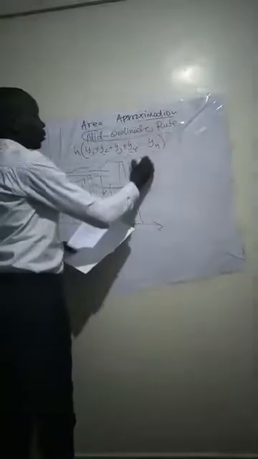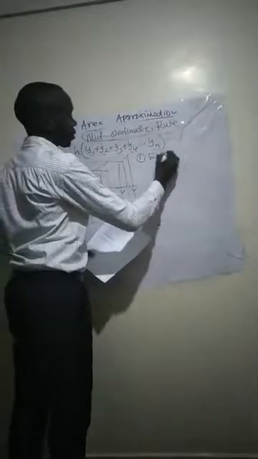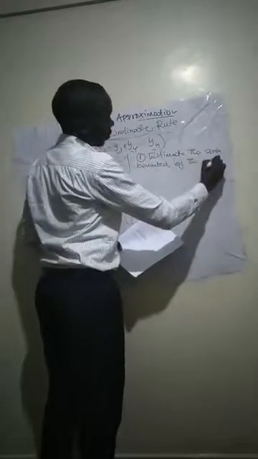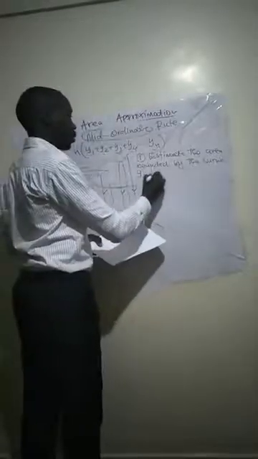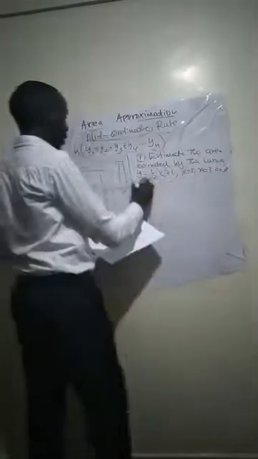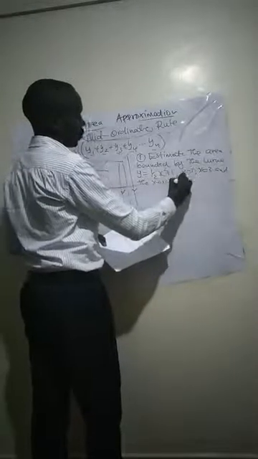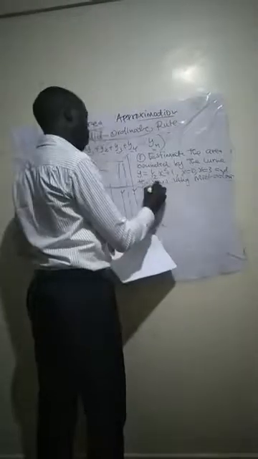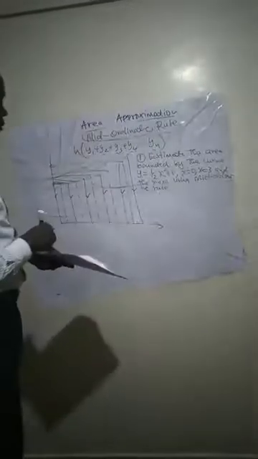Example 1: estimate the area bounded by the curve y equals 1 over 2 x squared plus 1, the line x equals 0, x equals 3, and the x-axis, using the mid-ordinate rule and 3 strips.